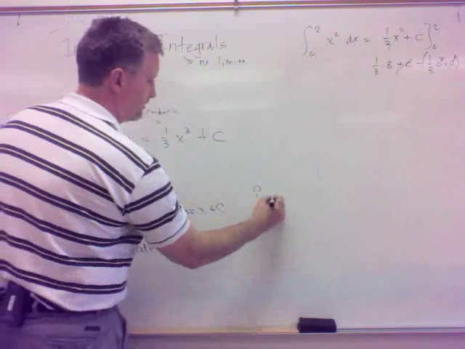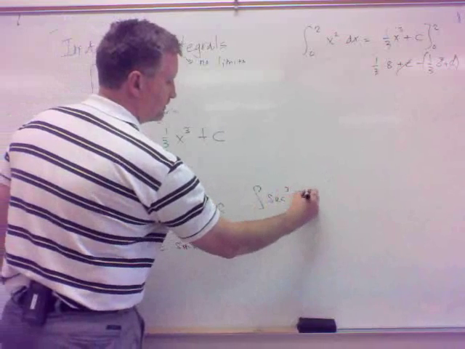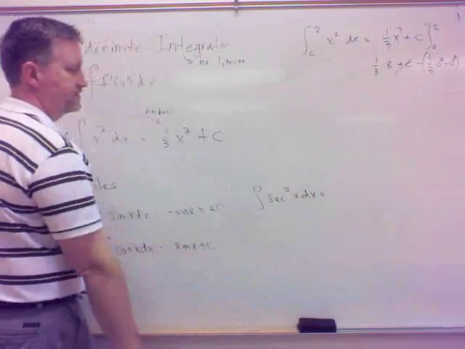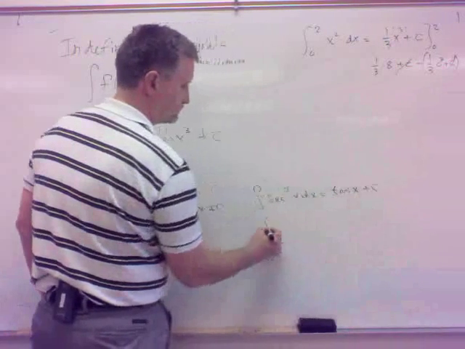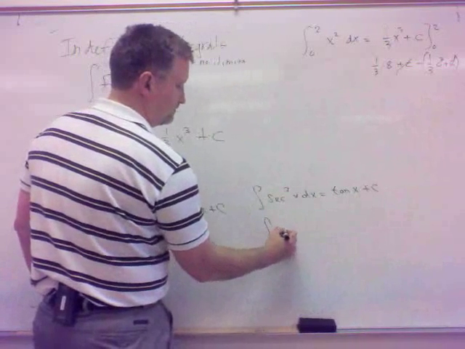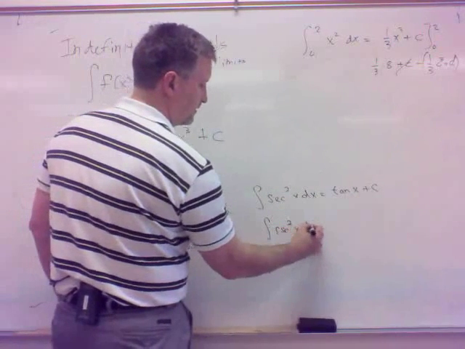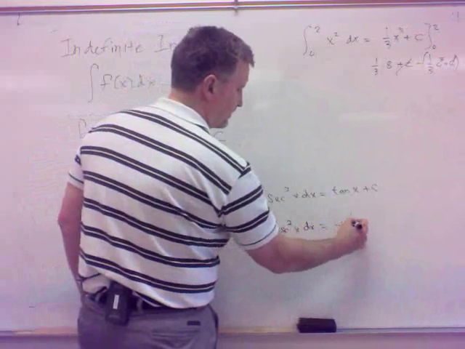Secant squared, that's another nice one, right? Because secant squared, you got the tangent plus c. Cosecant squared would be another nice one. It's negative the cotangent of x.